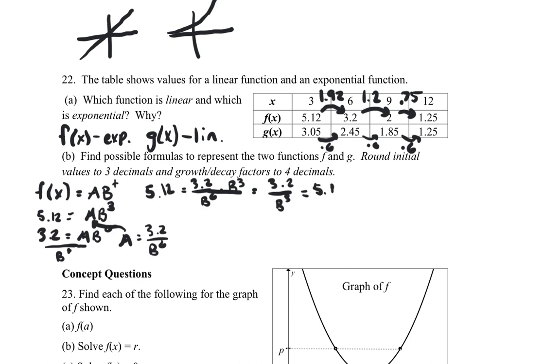And so with some division and multiplication, we can multiply this with 3 and divide it, and we get b to the 3rd is equal to 3.2 divided by 5.15, and then take the cube root of that.